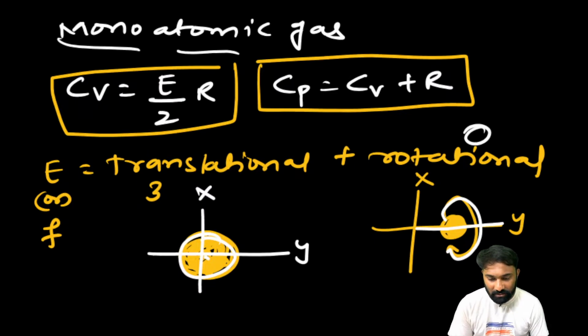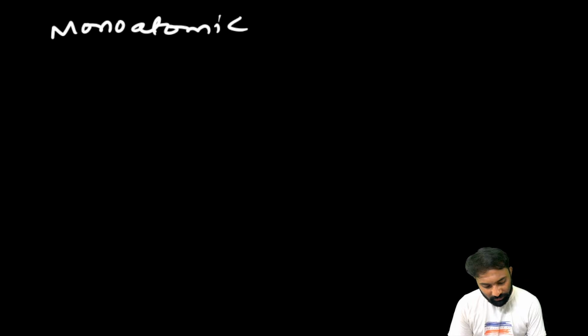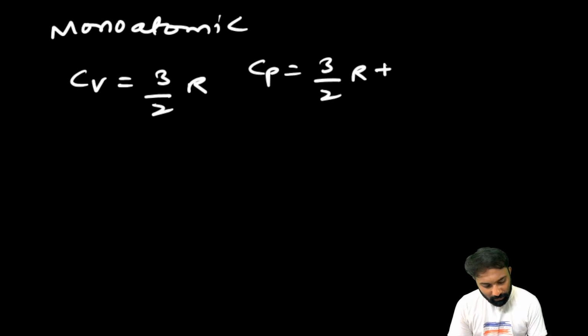Translational energy is 3. Then for a monoatomic gas, how much will Cv be? Cv is equal to 3 by 2 R. Then Cp becomes 3 by 2 R plus R, so Cp is 5 by 2 R, right?